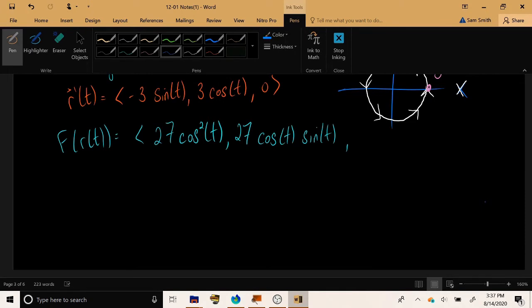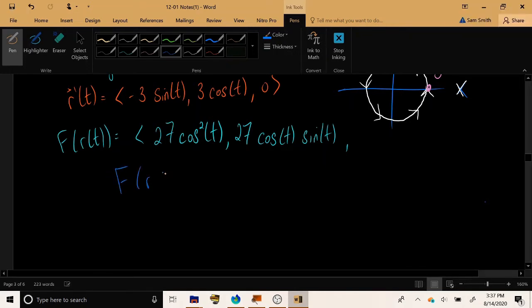In the very next step, to calculate a line integral, we're going to need to take F of r of t and take the dot product with the velocity vector. This is how we calculate line integrals.